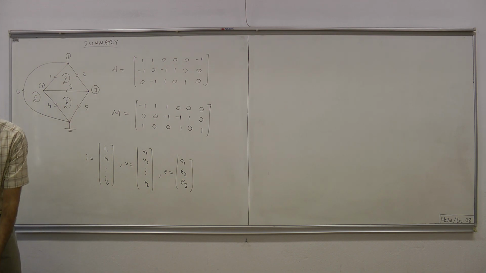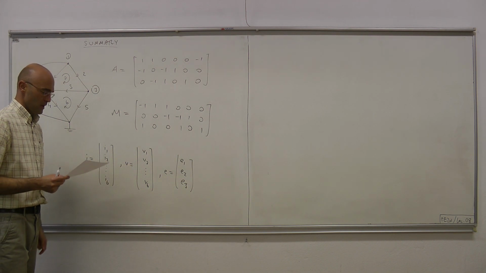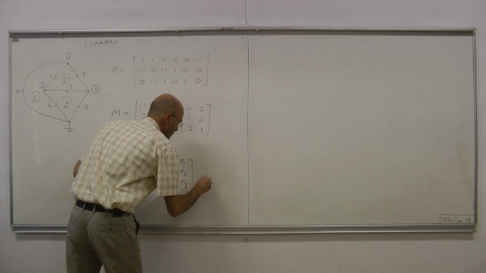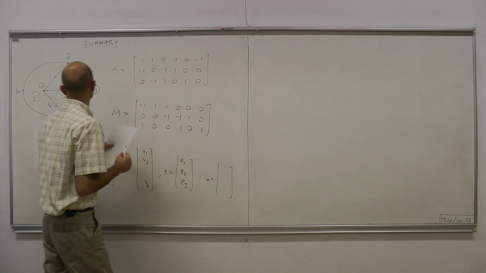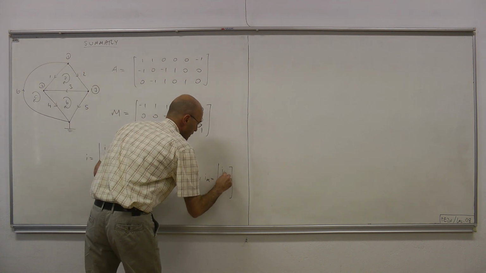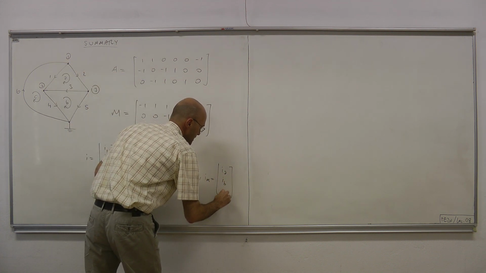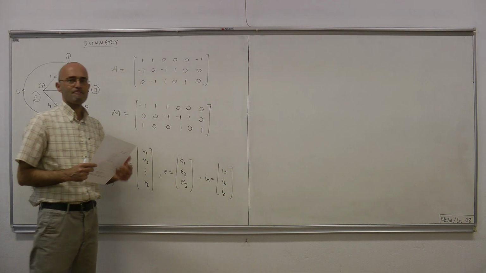So what you will measure is called E2, and so on. Finally, we have the mesh current vector, which we denote by I_M. In this case, it's IA, IB, and IC.